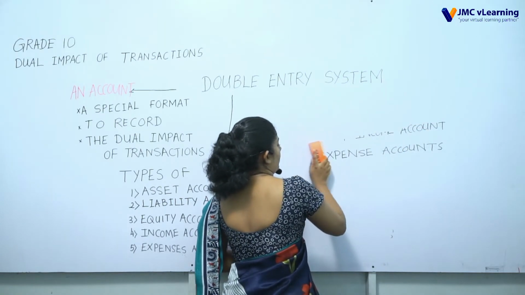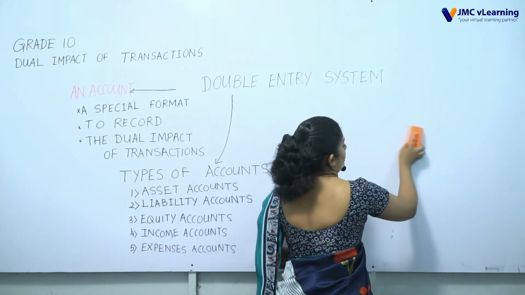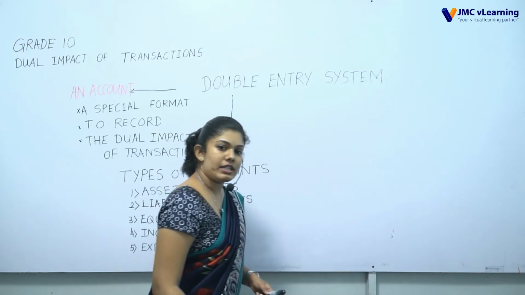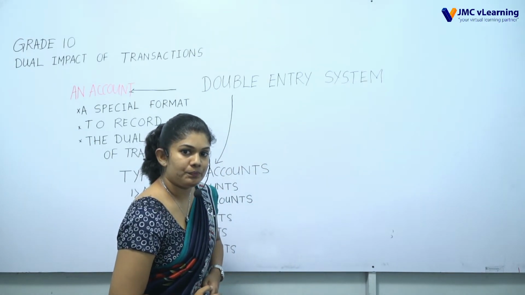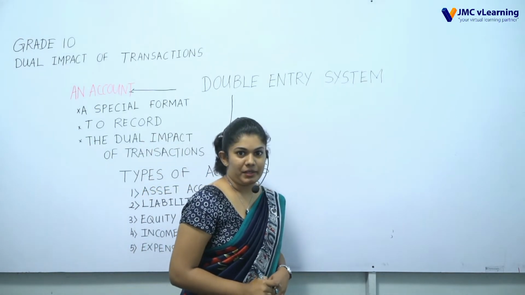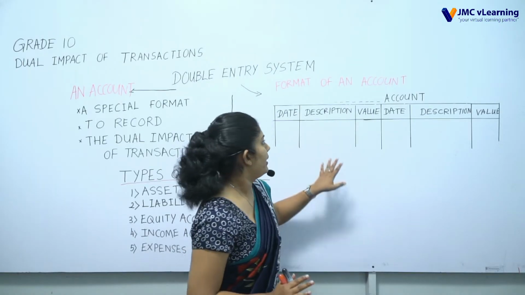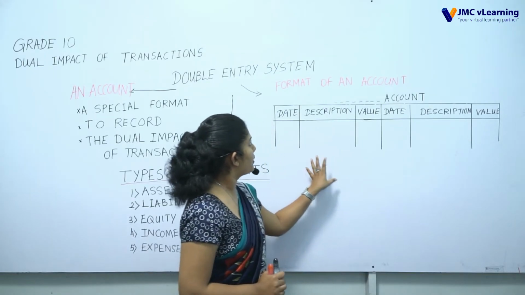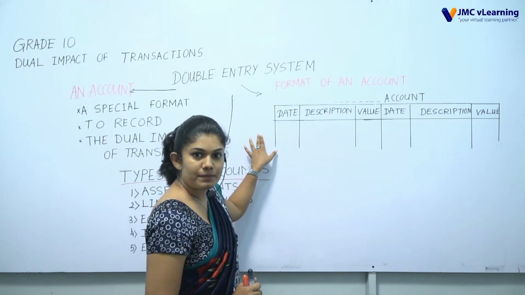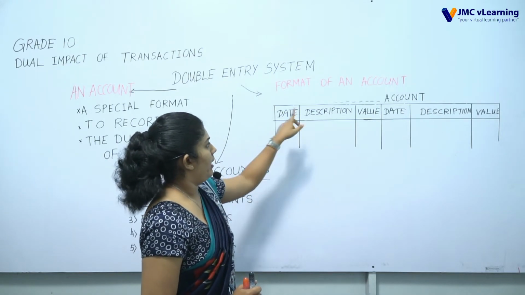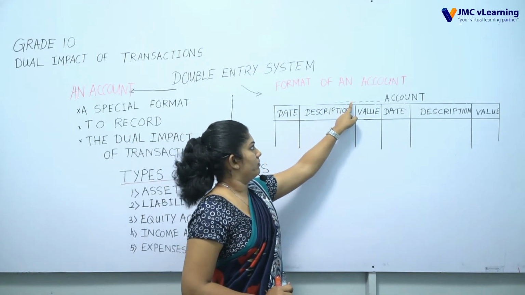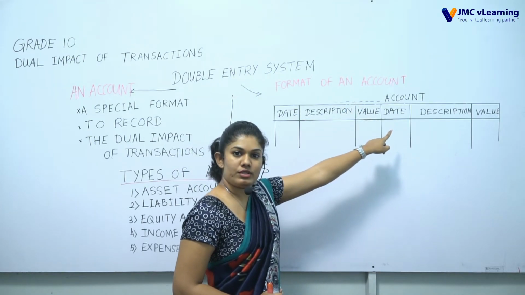So, what does this account look like? What are the things included in these accounts? Let's see. Here is the basic format of an account. You can see there's a blank here, a blank account.